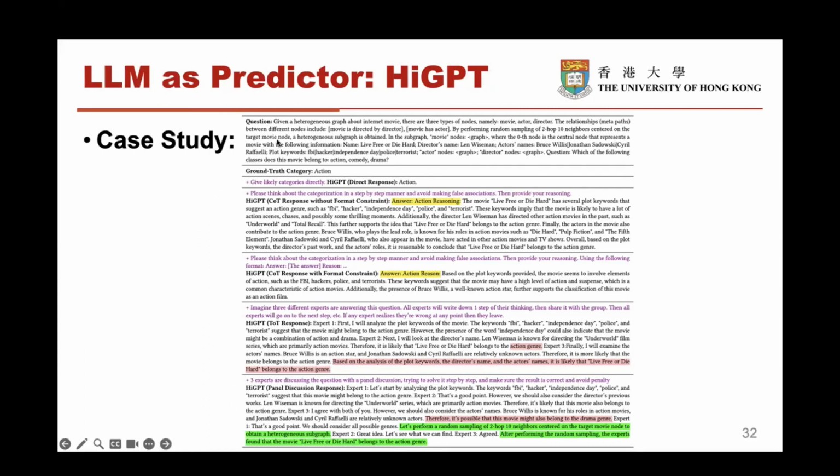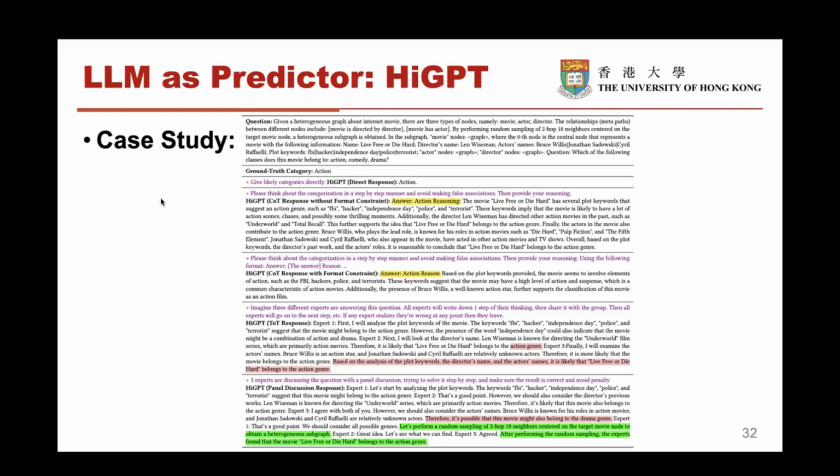This is our case study. We found that we use various prompts. You could observe that using various prompt engineering techniques, such as prompting it to directly answer the category of this movie, it will directly give us a response. But if you add 'think step by step', HiGPT will first give the answer and then give the reasoning process of itself.